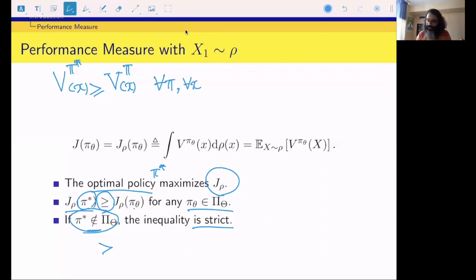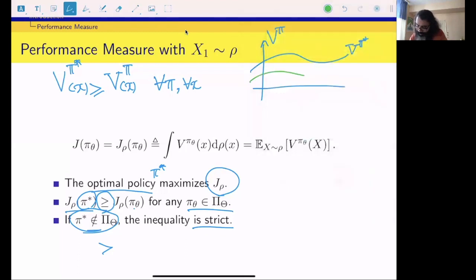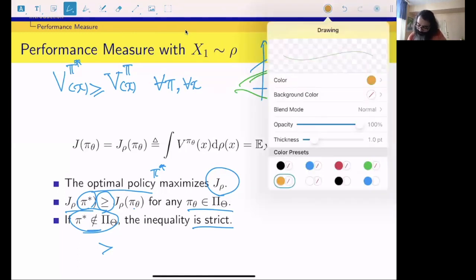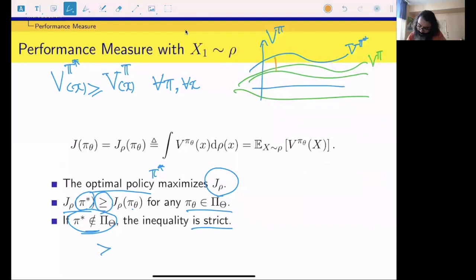So if this is V of pi, this is V of pi star, that is always larger than any other V pi. The comparison point was that for any state x, we are always better than other policies. And value-based methods could guarantee that.